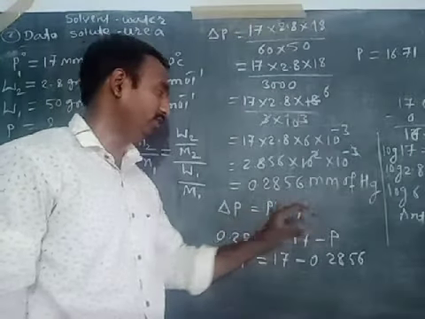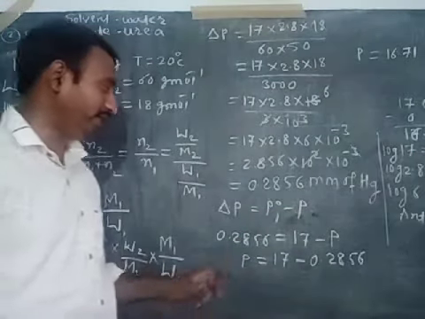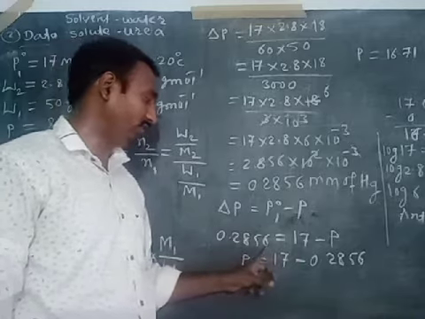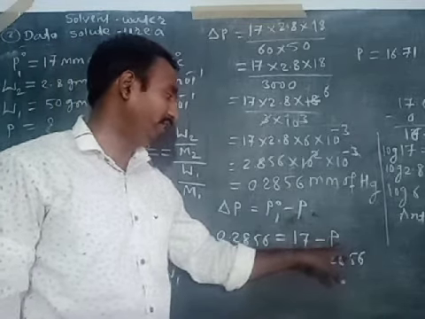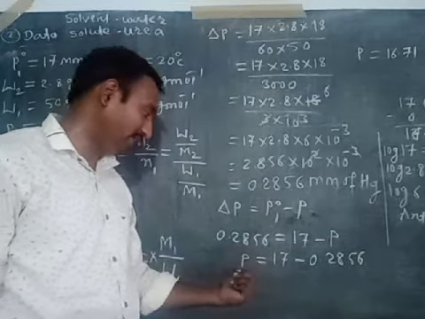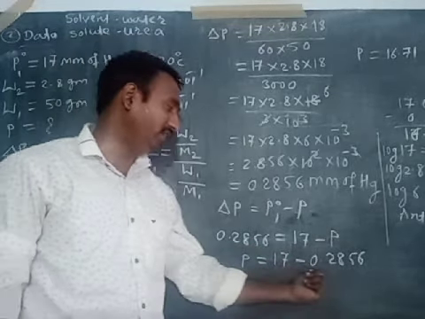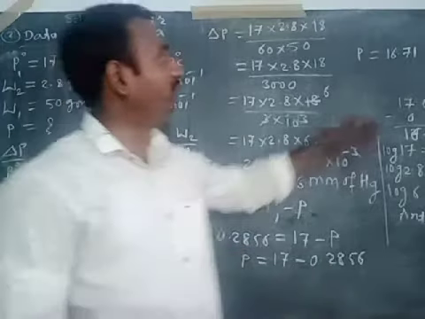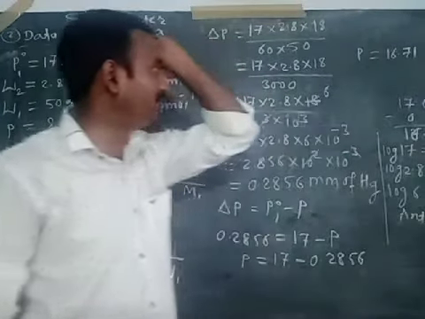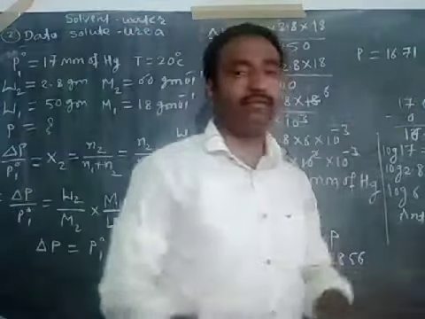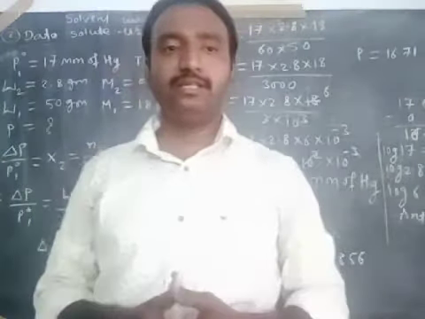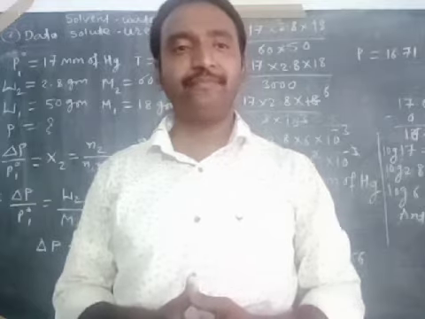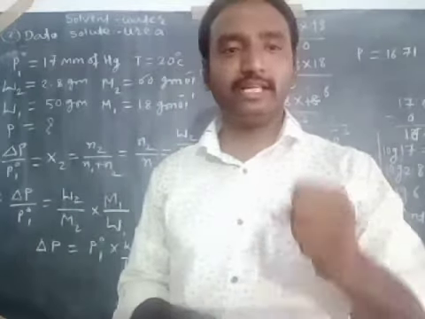So 0.2856 is equal to 17 minus P. When P is on the left hand side, P is equal to 17 minus 0.2856, and we get the final answer, 16.71 mm of Hg. In this way we can solve this problem. Okay, this is about the second problem.